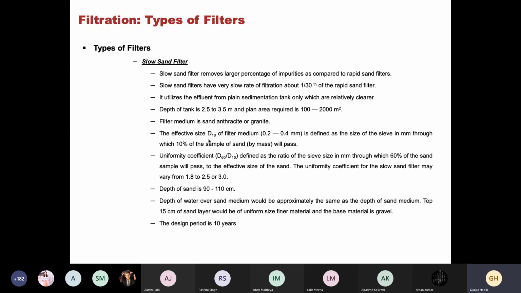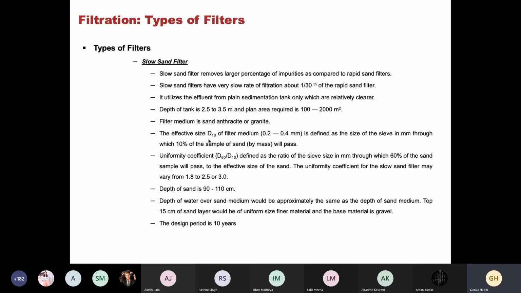For example, say I have a sieve size of 5 millimeter and I am passing 1 kg of sand through the stacked sieves, and from the 5 millimeter sieve opening, 60% of the whole mass, meaning 600 gram, is passed. Then D60 in my case will be 5 millimeter.